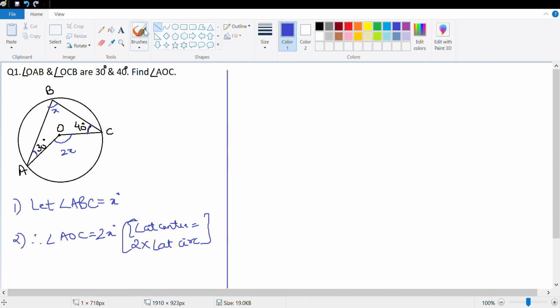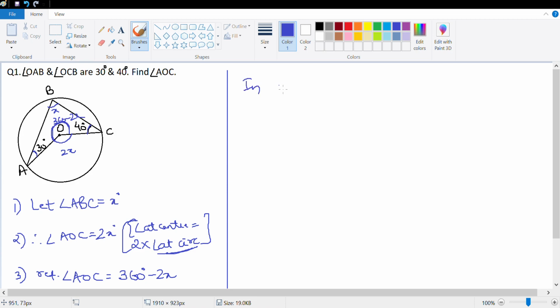ICSE board doesn't allow the use of such short forms. Next, if this is 2x, how much is this angle, the reflex angle? Yes, it will be 360 minus 2x because angle around a point is 360 degrees.